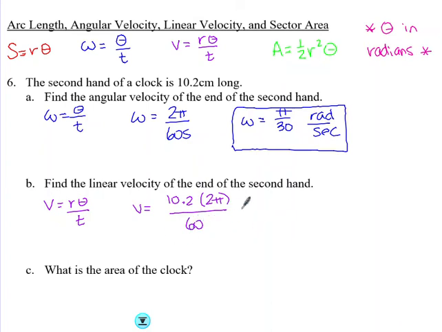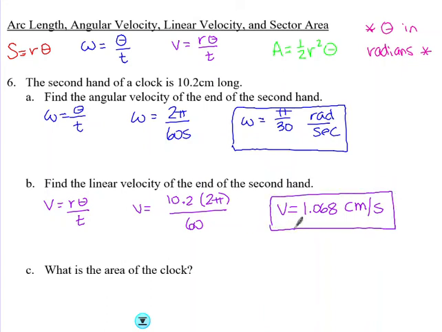So if we throw this in the calculator, multiply everything together, we get that the velocity is approximately equal to 1.068. The units are centimeters per second because the length of the radius is given in centimeters and we are counting in 60 seconds. So that is our linear velocity.